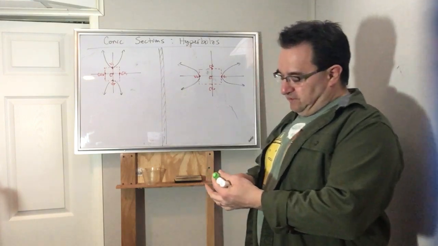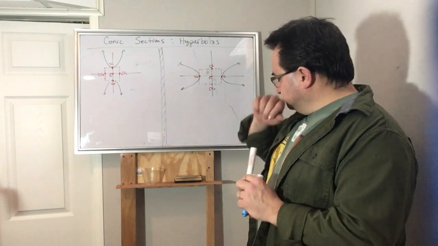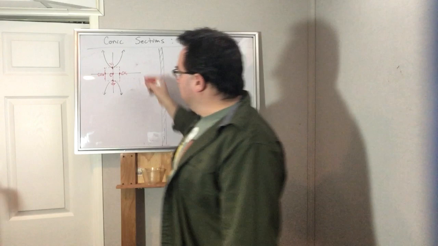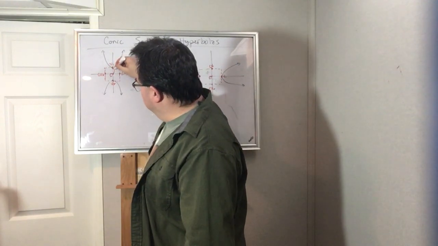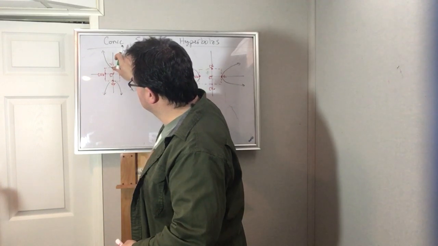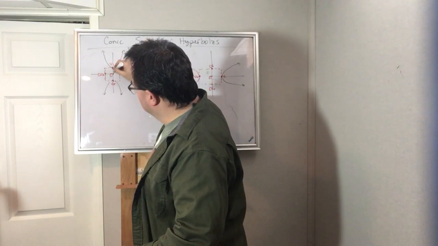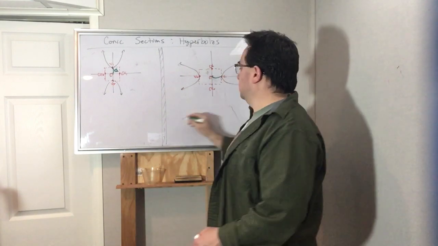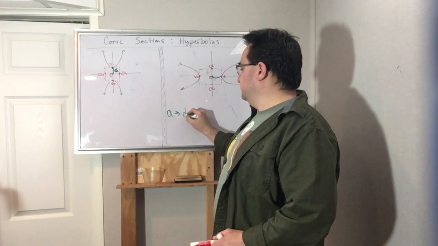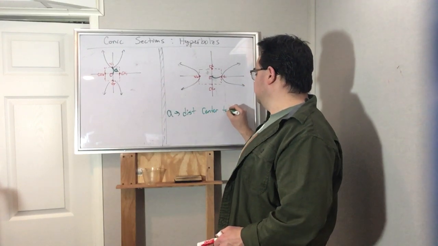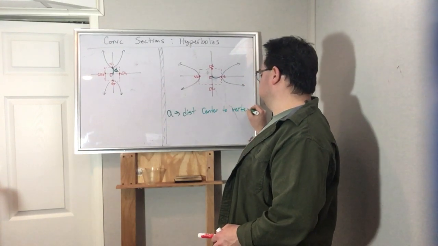Alright, so what are the things we're going to see in an equation? Excuse me. We're going to see an A in the equation. Oh, I wanted to switch to green. A is the distance, like in our last lesson, from the center to the vertex.